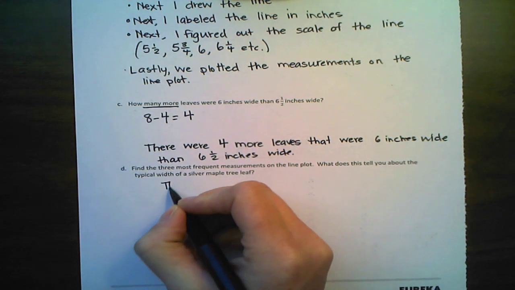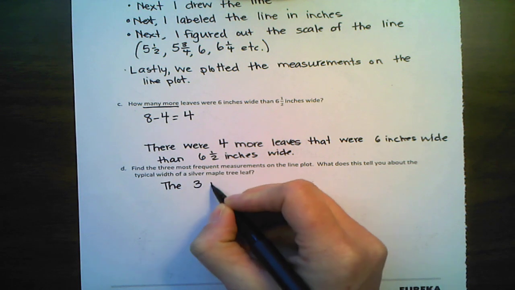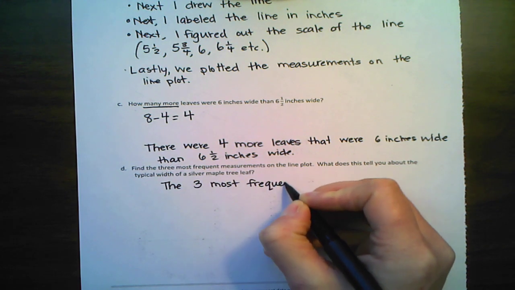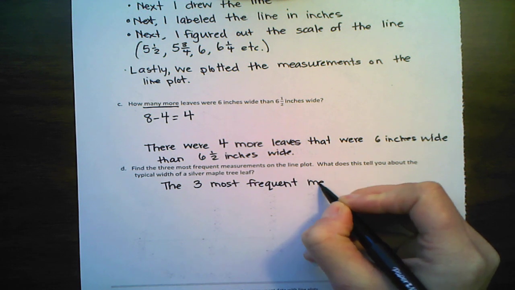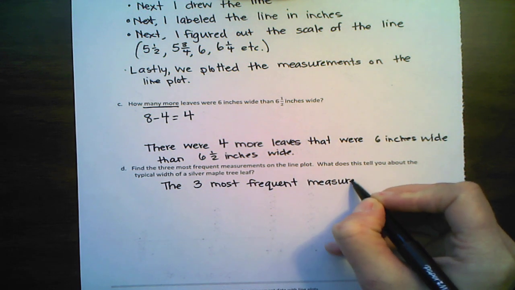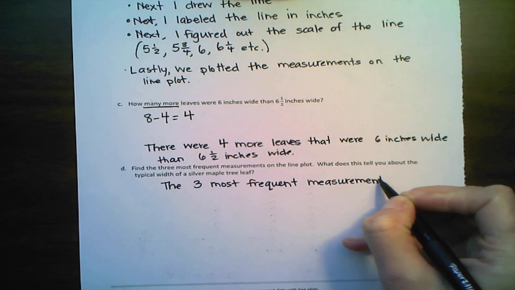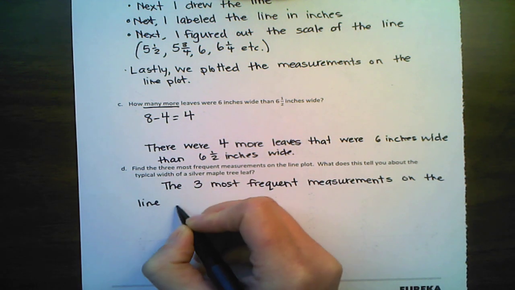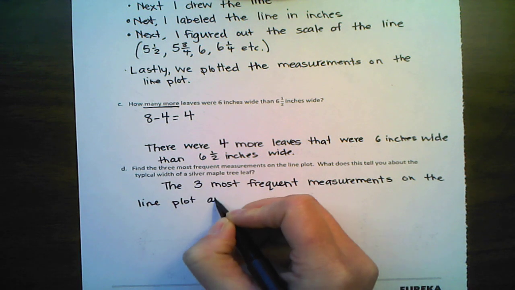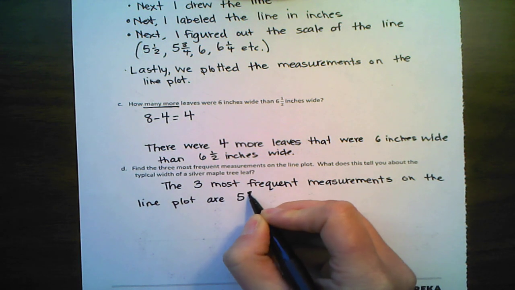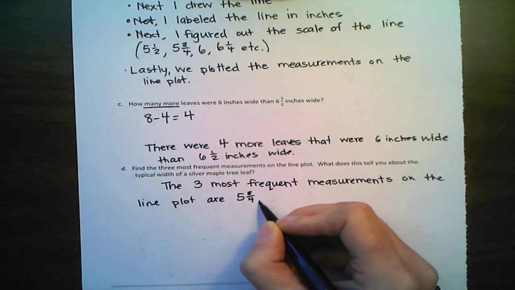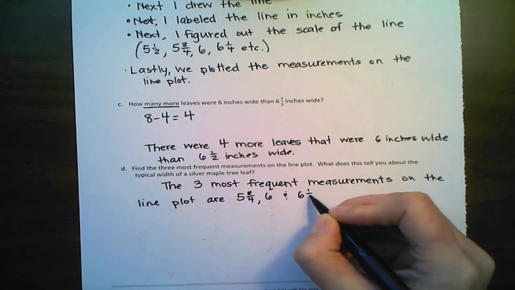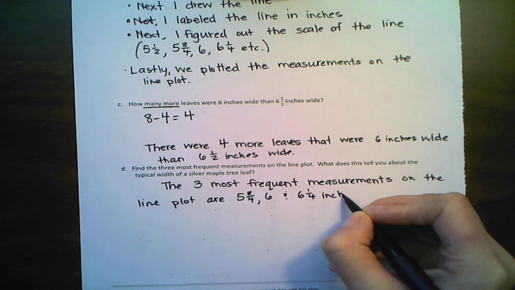I'm going to write the 3 most frequent measurements on the line plot are 5 and 3/4, 6, and 6 and 1/4 inches.